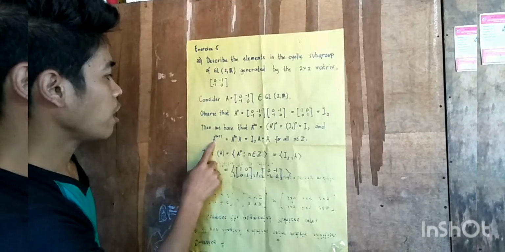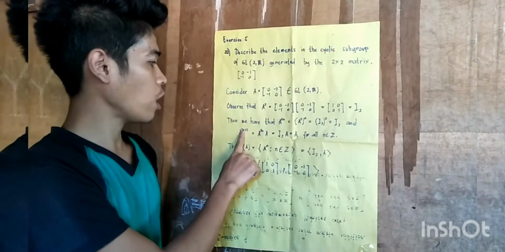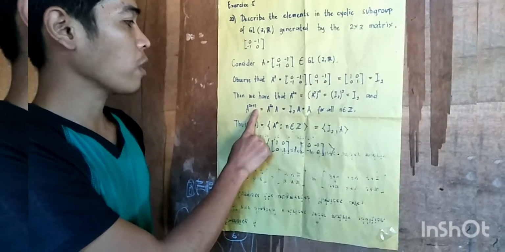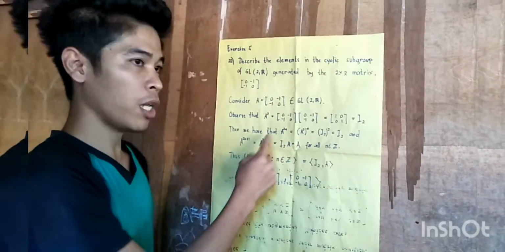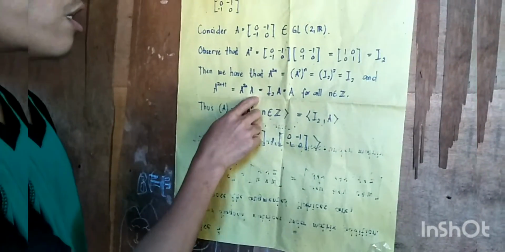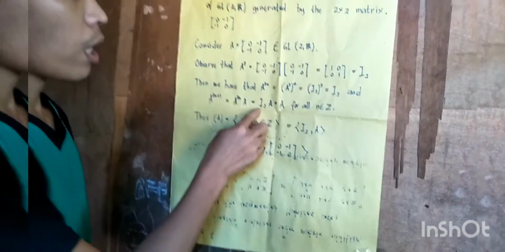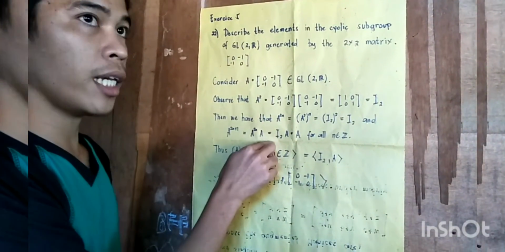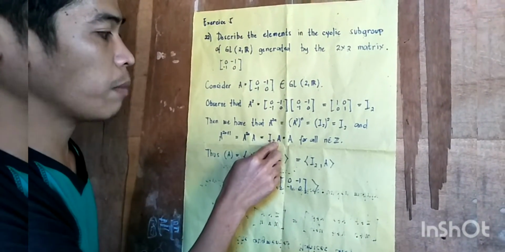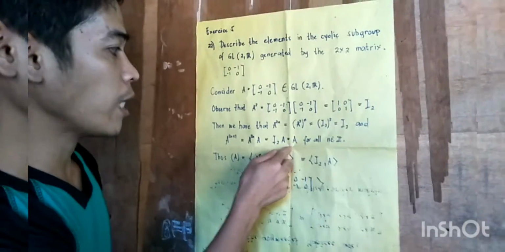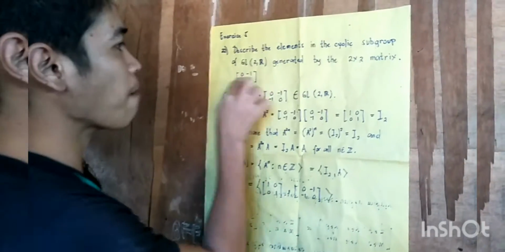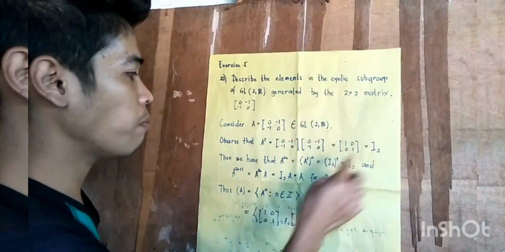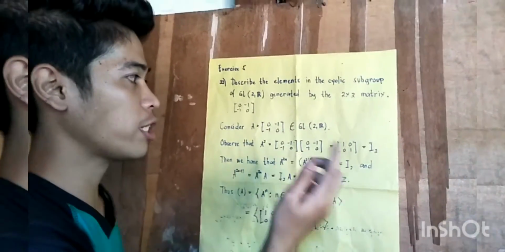And A raised to 2n plus 1 is equal to A raised to 2n times A, which is I sub 2 times A, equal to A, because when we multiply these matrices we get the same answer.